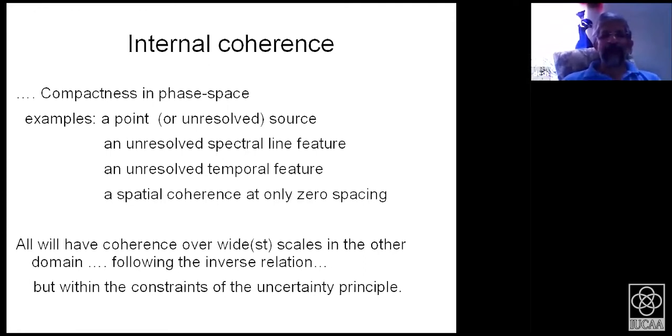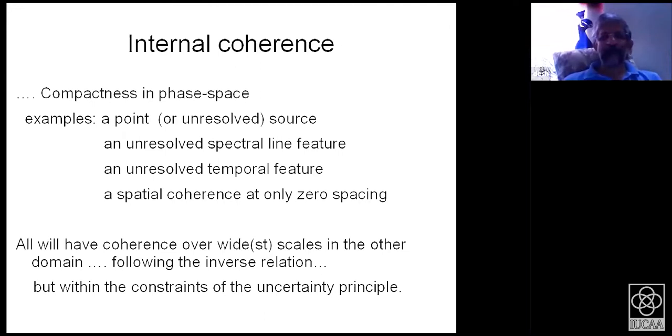A spatial example, which people don't normally encounter, but people looking for global signals in the sky, like the 3 K background, for example, you will find that it has a spatial coherence only at zero spacing, which corresponds to a uniform brightness across the sky. Of course, from the Earth, it's not really visible across the 4 pi steradian, but in principle, yes.